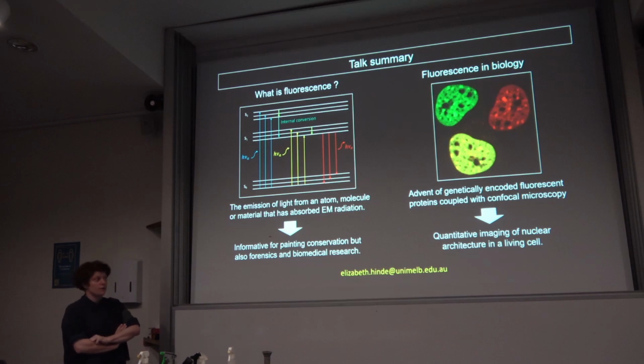For biomedical research, it's good for understanding the metabolism of cancer. But also, prosciutto has an endogenous fluorescence signature, and you can figure out the quality of the prosciutto from the fluorescence. So they use it there.